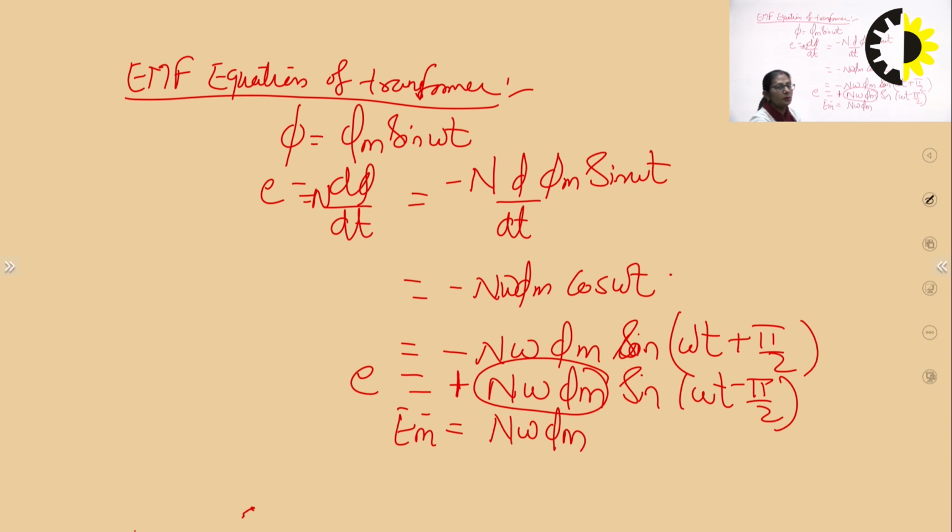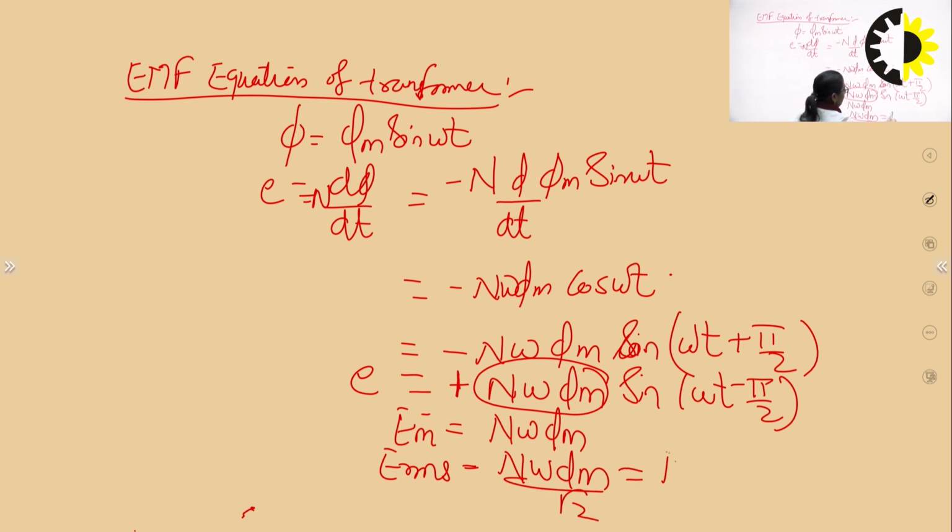But when we are representing E1 and E2, these are not the maximum values. These are the RMS values of the induced EMF in the primary and the secondary, right? If we want the RMS value, the relationship is E RMS equals maximum by root 2. So, we need to divide this by root 2, right?